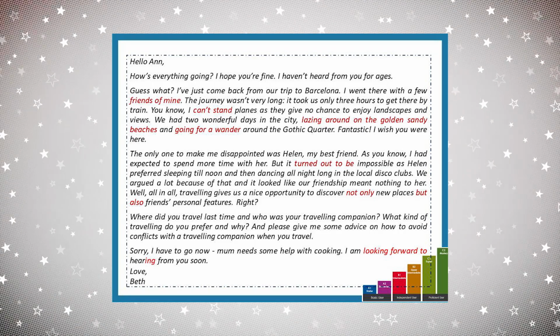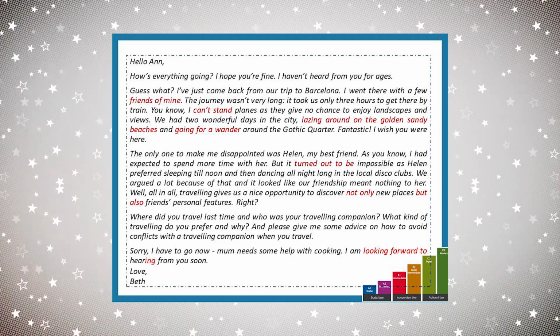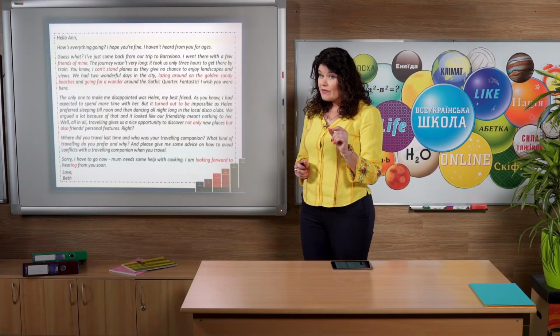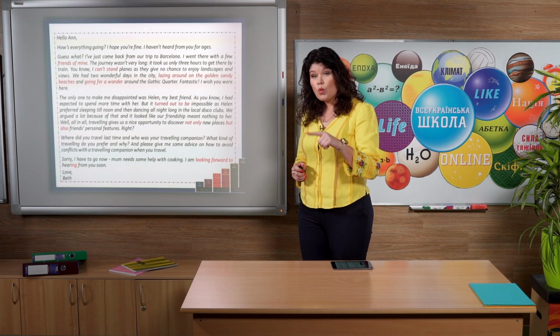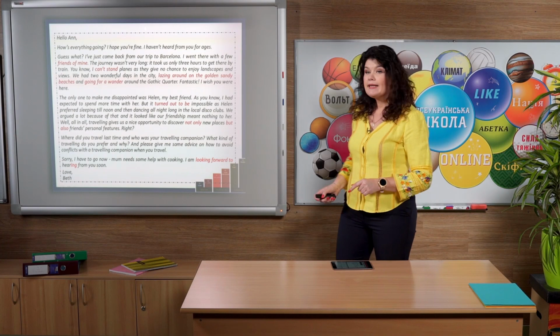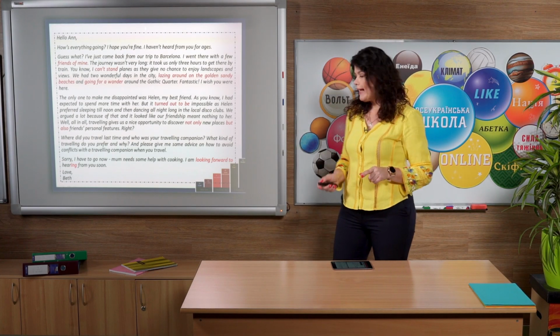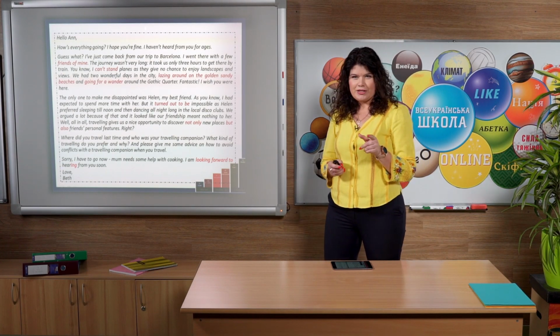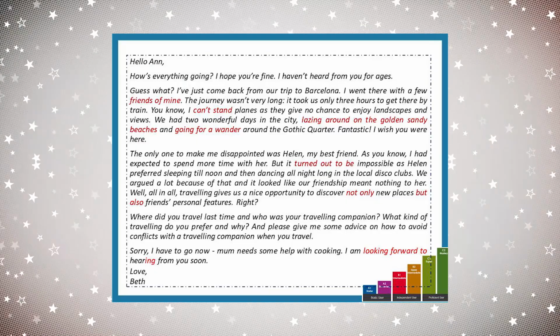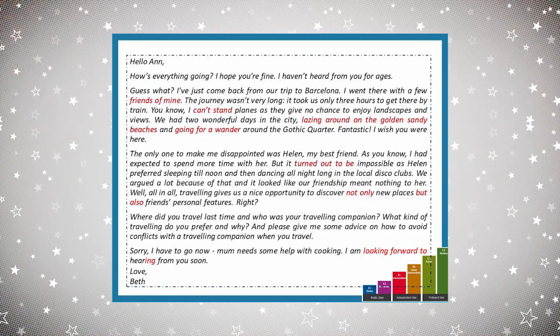The first phrase is a friend of mine. You can say either my friend or a friend of mine, but bear in mind that my is the level of A1 and mine A2. Better, right? Good. Another one, constant.